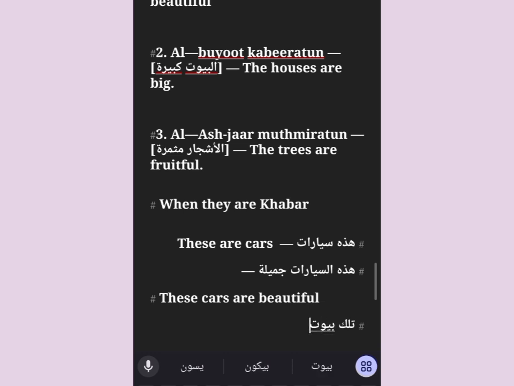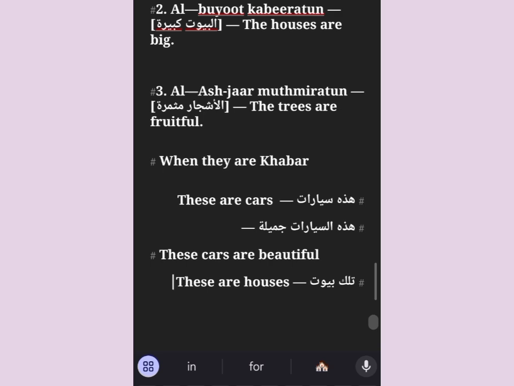I mean, we're using tilka. So we say these are houses. Okay, I believe that's understood. So the same thing, that's how you treat all irrational things when it comes to plural. Okay, that's it.